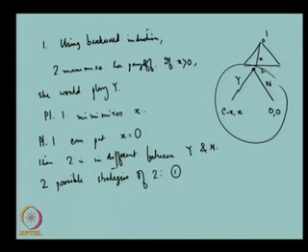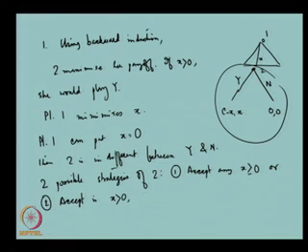One, accept any x greater than or equal to 0. This is optimal, because even if x is 0, the person is indifferent and he is accepting, and obviously if x is positive, he is accepting, that is also optimal. But there is another strategy, which is accept if x is positive and reject if x is 0. This is also optimal.